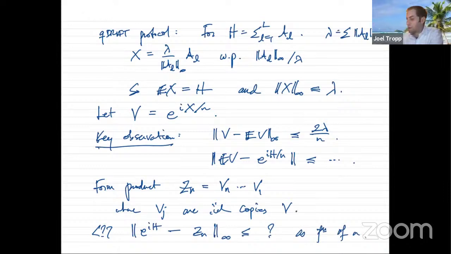So this is what we'd like to understand. So we have presented a randomized method for building up an approximation, Z_n, of the unitary matrix e to the iH, which describes the evolution of this random state under this quantum system. And we'd like to know how big n needs to be for this random product to do a good job in approximating the state. Okay.